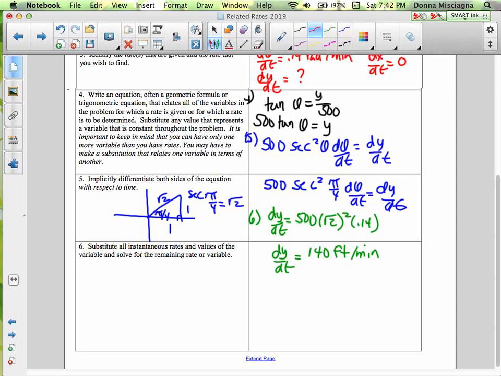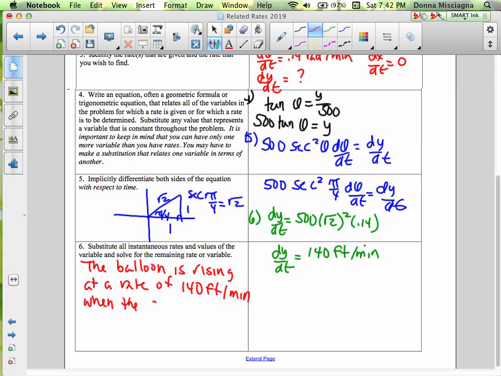The balloon is rising at a rate of 140 feet per minute when the angle of elevation is pi fourths radians.